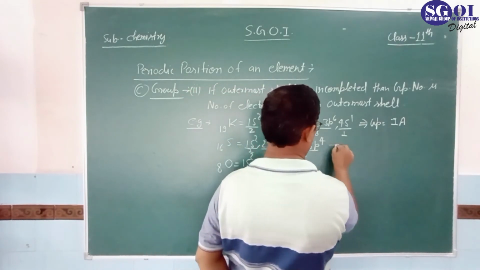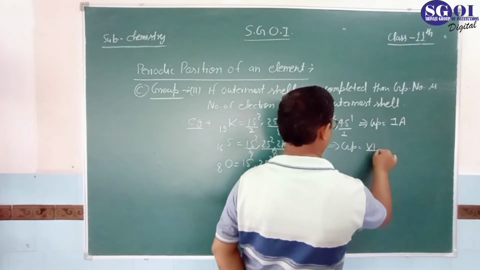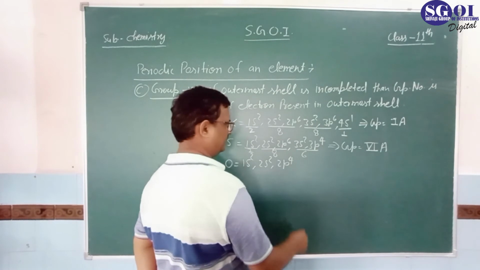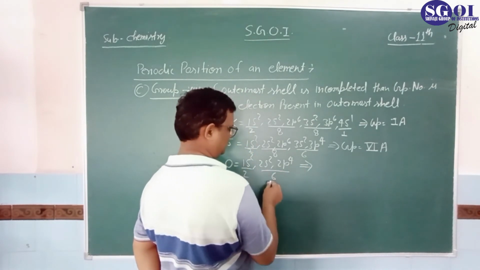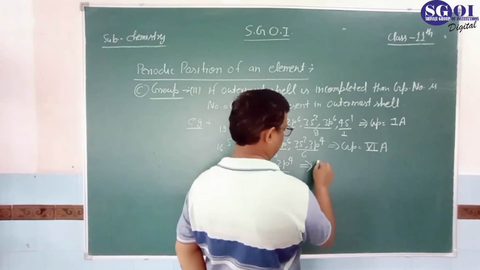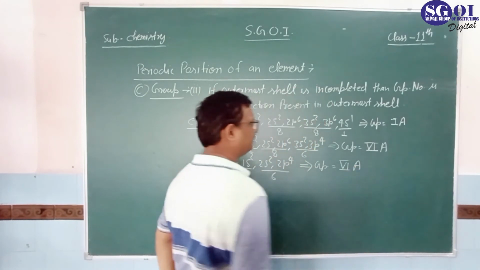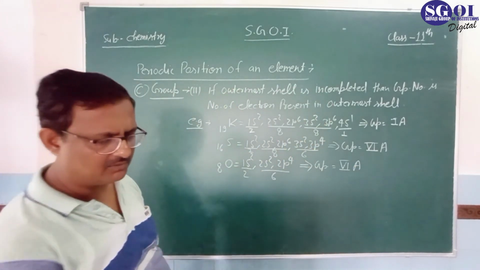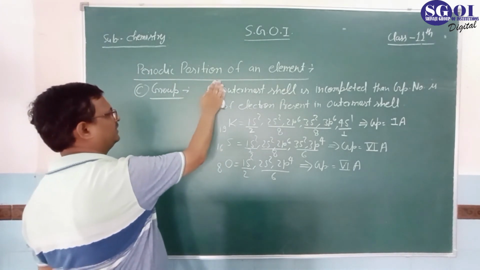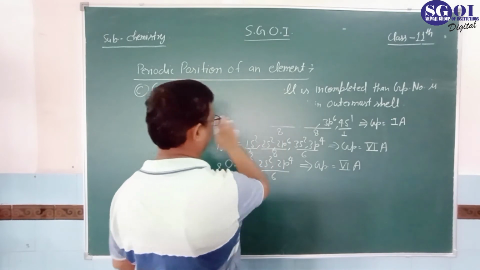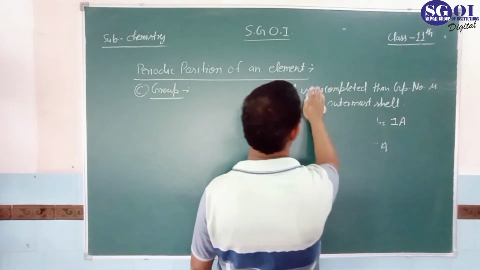So the group number is the 6th A. Here 2 and 6. The last shell is incomplete, so the group number is again 6A. Okay, this is the second rule for the calculation of group number for an element having an incomplete outermost shell, and the group number is the number of electrons present in the incomplete shell.